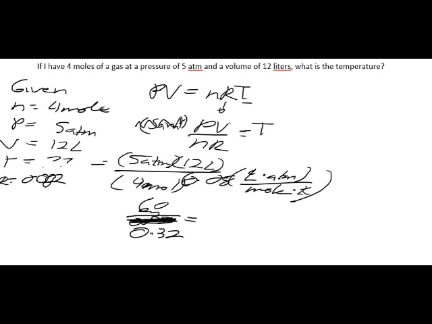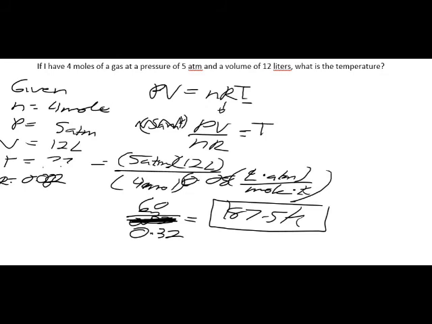So 60 divided by 0.32 will have 187.5 Kelvin. And that would be our final answer.